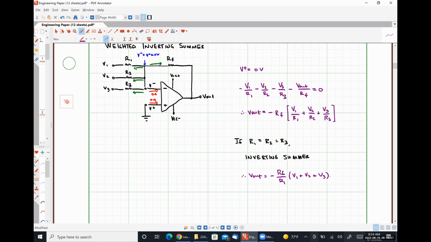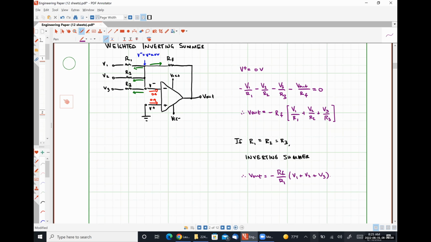We'll kind of see why when we look at our next amplifier, but I would argue that it's much easier to design and understand a weighted inverting summer and then feed the output of that weighted inverting summer into an additional inverting stage to make the output a positive quantity than it is to design a weighted non-inverting summer.